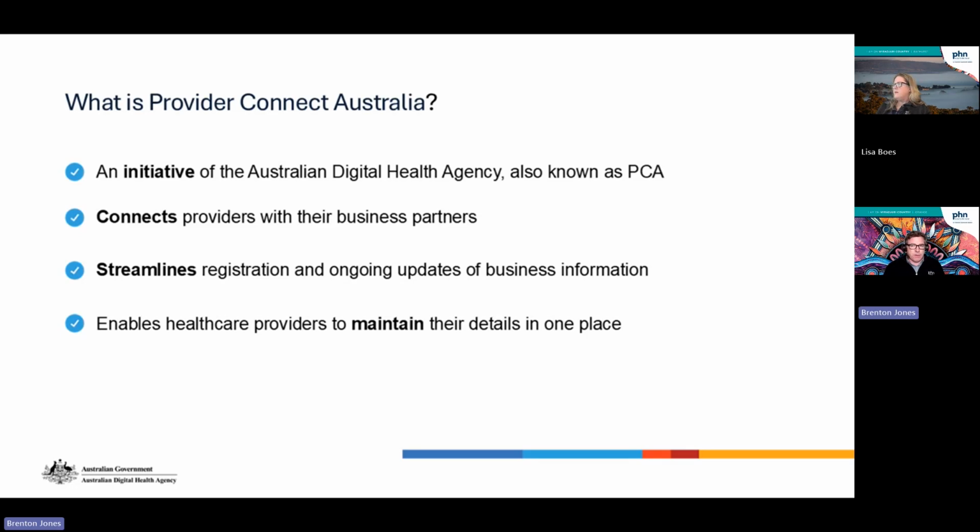It streamlines registration and ongoing updates of business information, and enables healthcare providers to maintain their details in one place. So in short, it's set it up once and share to many. It's a system that allows you to maintain a record, and then conveniently share with as many partners that you do business with.